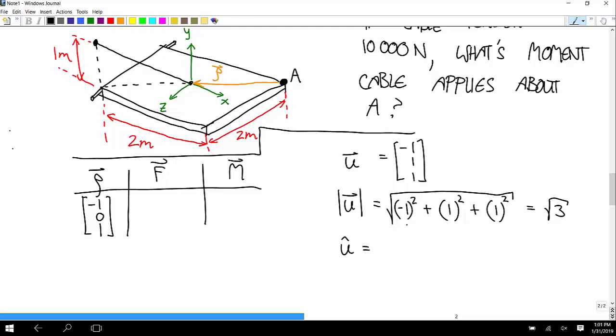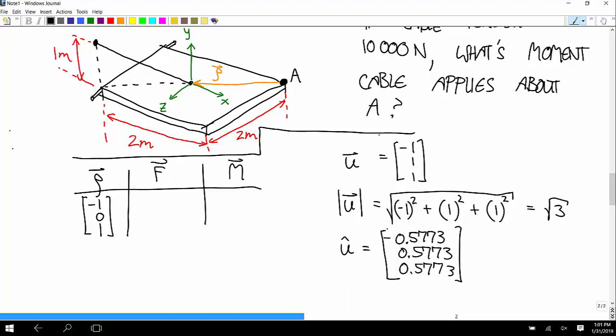And the unit vector is -1 over root 3, +1 over root 3, +1 over root 3. In decimals, that comes out to -0.577, and then the other ones are the same but positive. Since we're going to multiply it by 10,000, I'm going to put in one more significant figure.